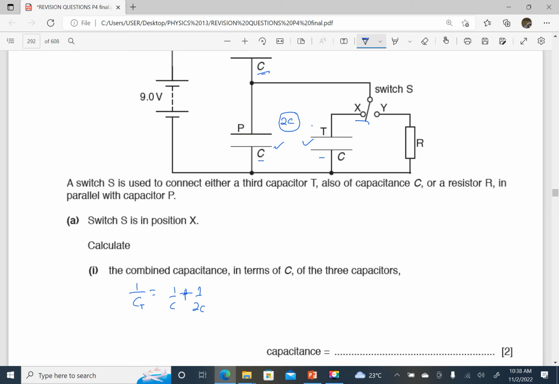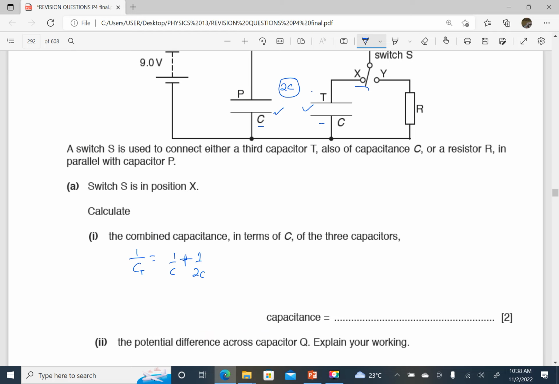The LCM here is going to be 2C, which gives 2 plus 1, so 3 over 2C as the reciprocal.